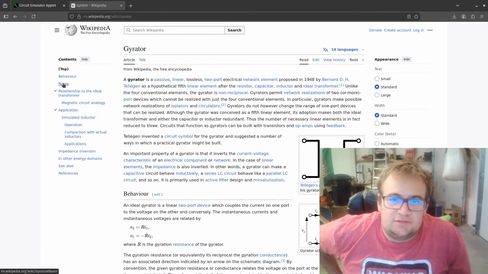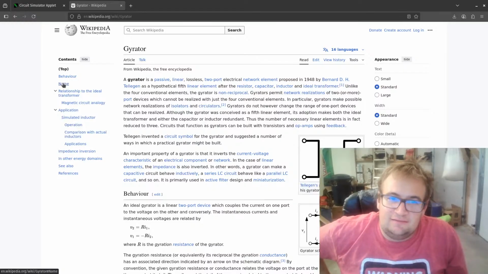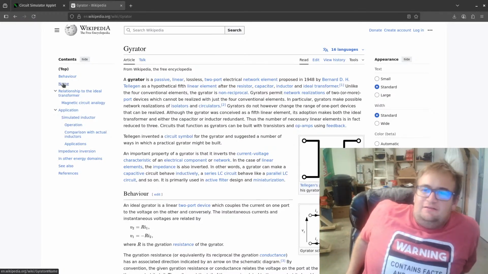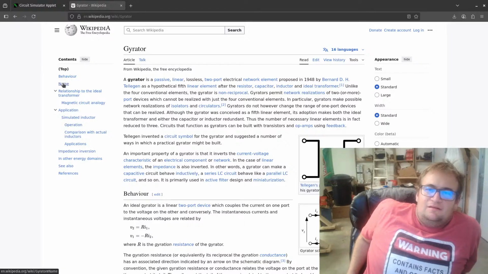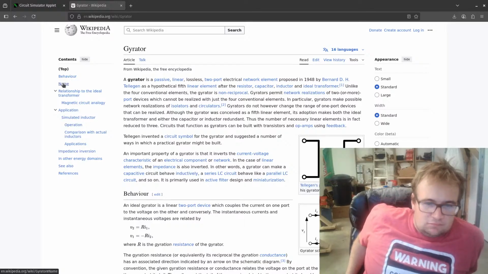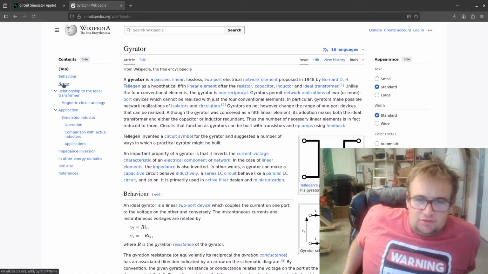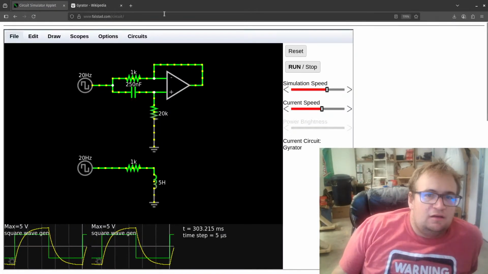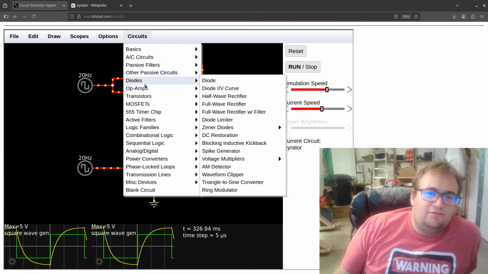Okay. So a gyrator is a passive linear lossless two-port electrical network element proposed in 1948 by Bernard D.H. Tellegen, the hypothetical fifth linear element after the resistor, capacitor, inductor, and ideal transformer. It inverts current and voltage characteristic of an electric component or network. Odd. Okay. I hadn't ever heard of it actually.